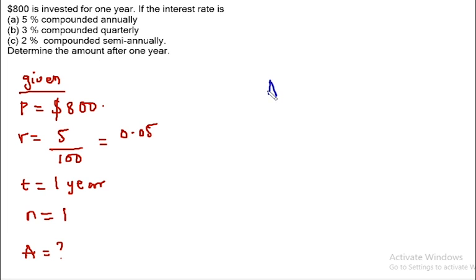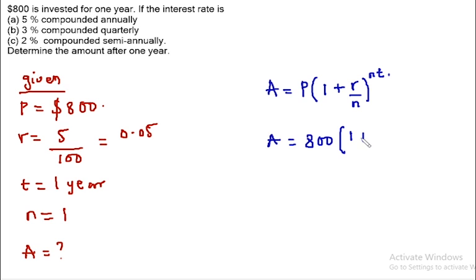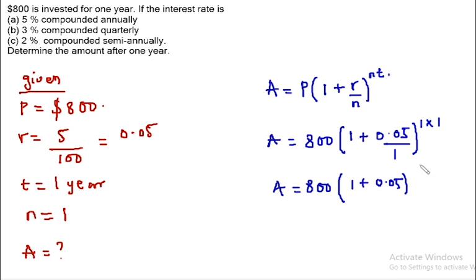We know that A = P(1 + r/n)^(nt). The next step is simply to substitute these values, so the amount A is equal to 800(1 + 0.05/1)^(1×1). A is equal to 800(1 + 0.05 divided by 1, which is 0.05), and 1 times 1 is 1.